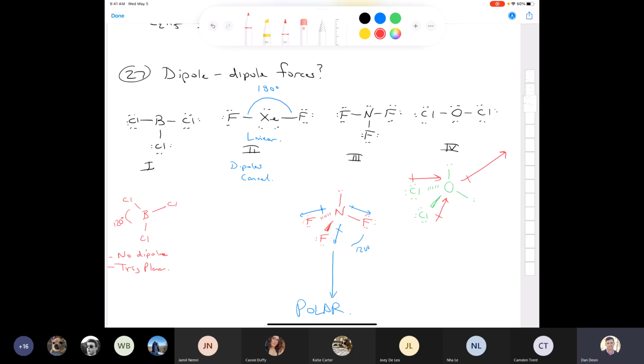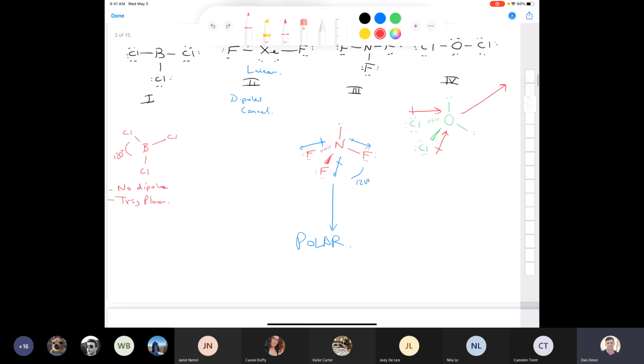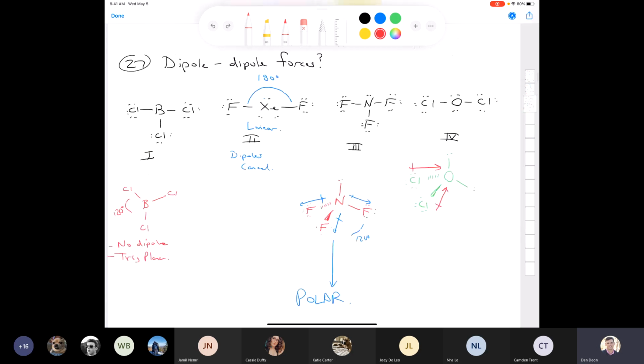So I have a dipole going in this direction. If you want to show the dipole towards the lone pair, go ahead, but you can just leave that out. And you can clearly see that we have a polar molecule, so polar. And so the answer is number 3 and number 4. So 3 and 4, which is answer C.